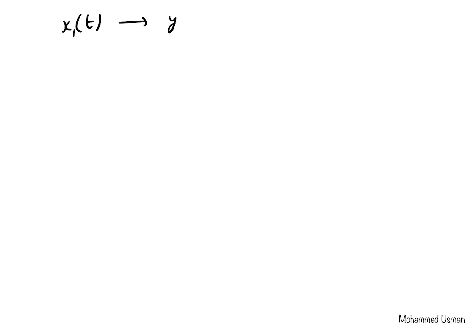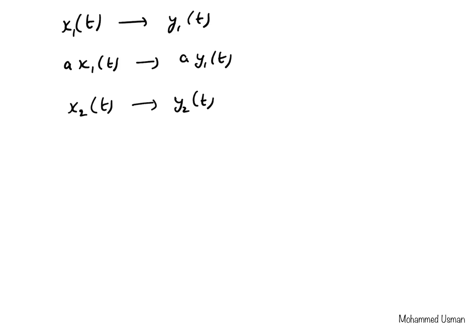So if we have x1 of t as input, and if it produces an output y1 of t, then if we multiply the input with some constant a, a times x1 of t, then the output should be a times y1 of t.